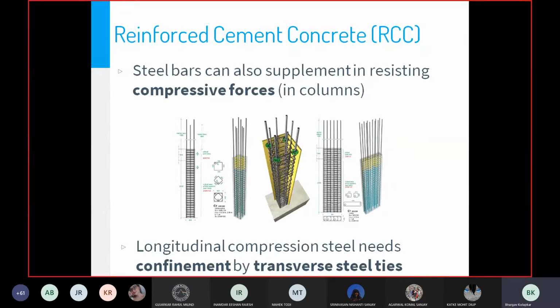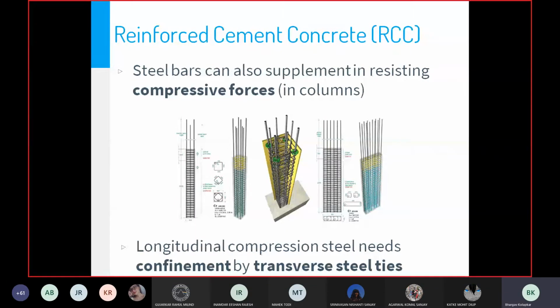To take care of this, we use elements called ties, or transverse steel reinforcement, to make sure that the longitudinal bars do not buckle. And there's another phenomenon called confinement. A simple meaning of confining something is applying pressure from all sides so that it increases the compressive strength of that material.